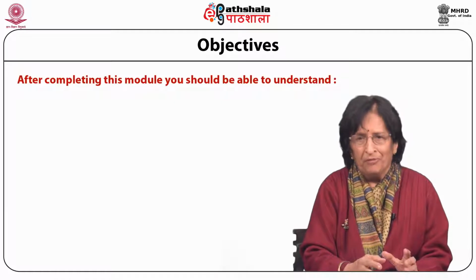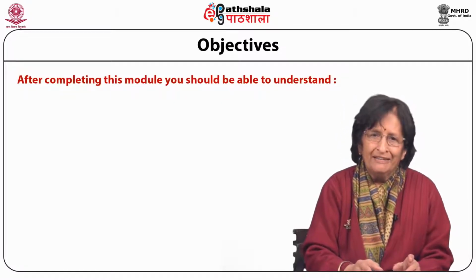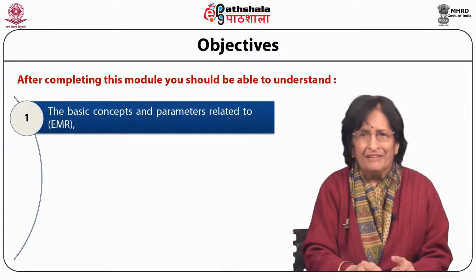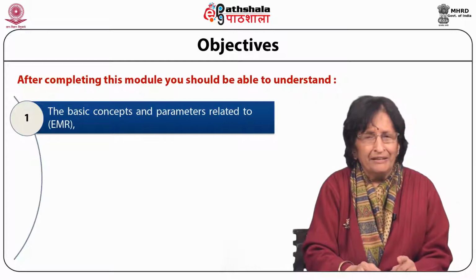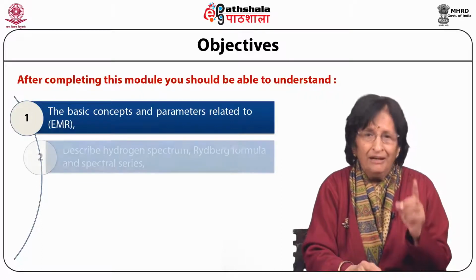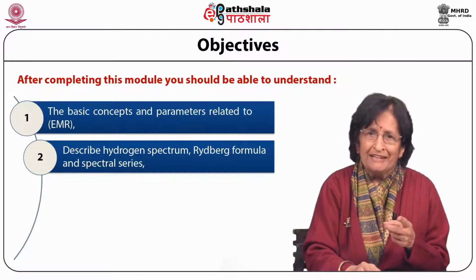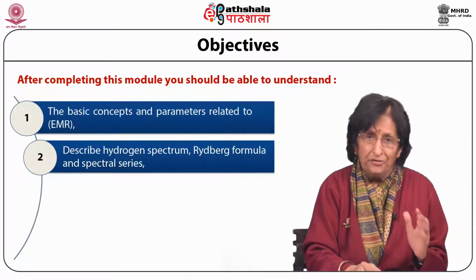After completing this module, you should be able to understand the basic concepts and the parameters related to electromagnetic radiation. You should also know the hydrogen spectrum and other spectral series like the Balmer series, the Rydberg formula, and a number of spectral series.